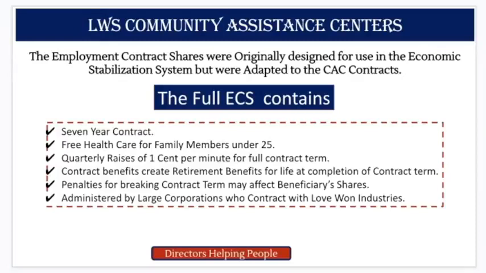We just want to be sure that things are done properly. The contracts administered by the large corporations who will contract with Level 1 Industries, those are major contracts with people like Ford or John Deere or Westinghouse or whatever that are creating things.